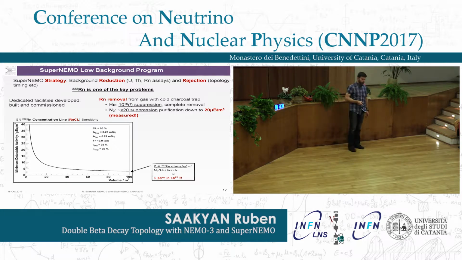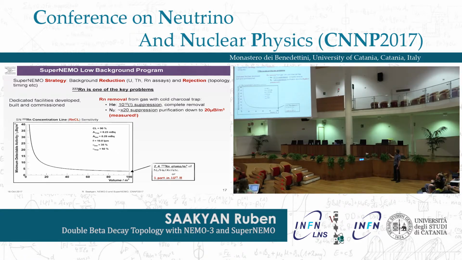Well, we embarked on a very aggressive radioactivity program, with a two-pronged strategy. One is the background reduction using the assays, and the other one is using the topology and timing to reject those. As one of the examples, radon is one of our key problems, so we've developed two lines of defense, two barriers, two lines of war against radon, so to speak.